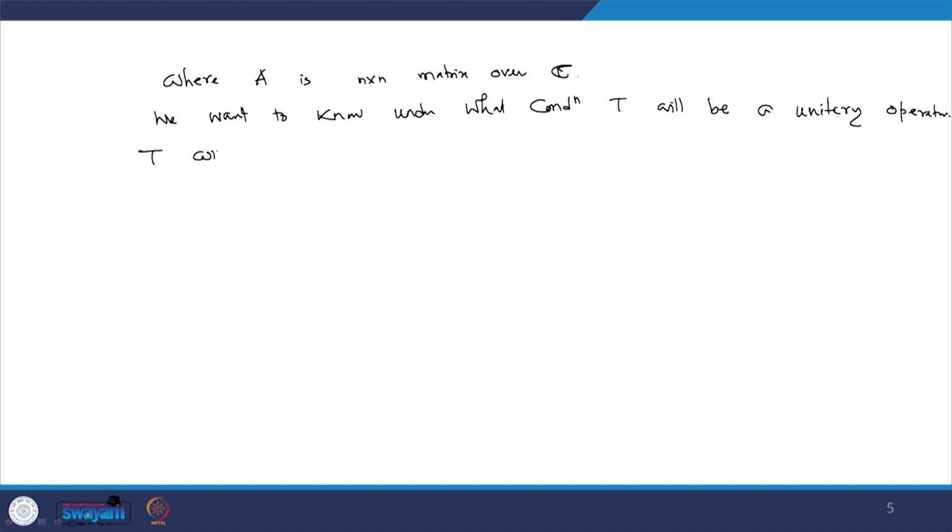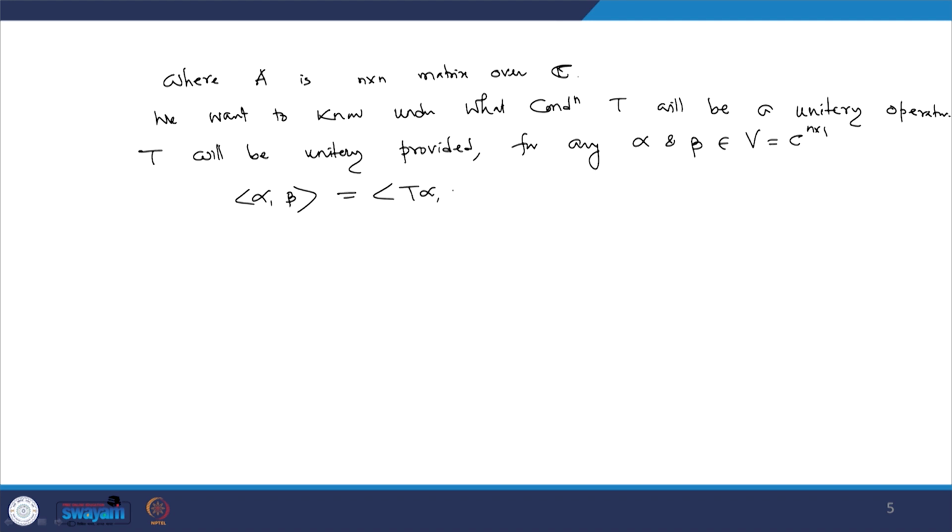T will be unitary provided for any alpha and beta belongs to V, which is equal to C n cross 1, I will have inner product of alpha beta must be equal to inner product of T alpha T beta, but this is equal to inner product A alpha and A beta.